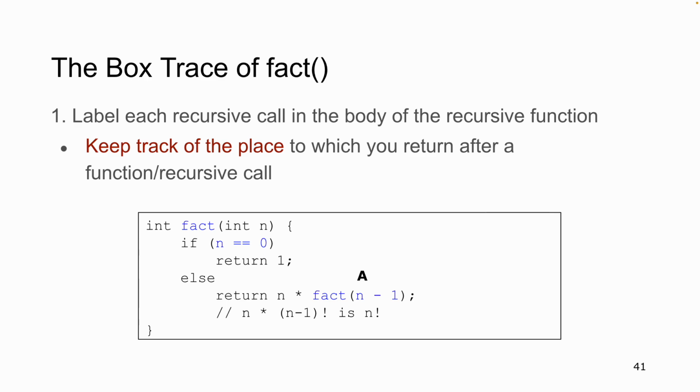But let's start with a simple case here. In the fact function, we only have one recursive call. So we just label this recursive call as A, and we keep track of the place to which we return after the recursive call. So the recursive call is here, A.